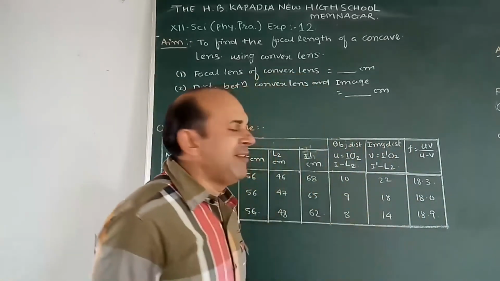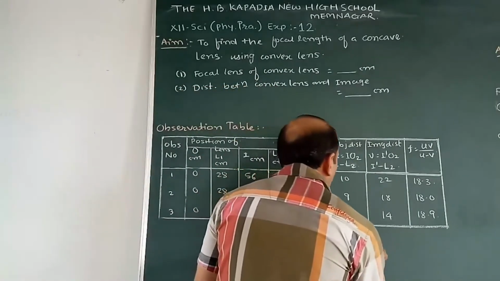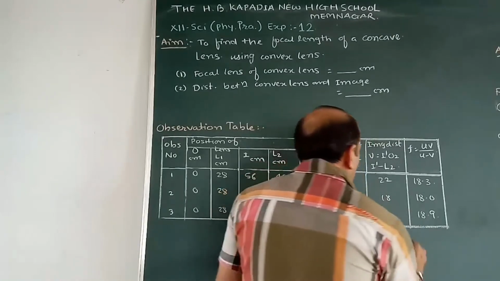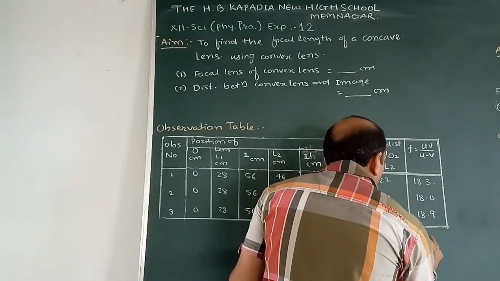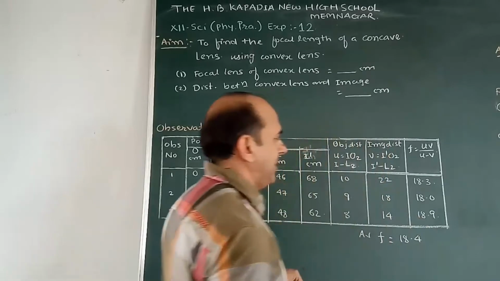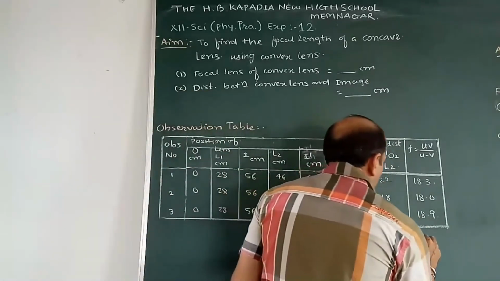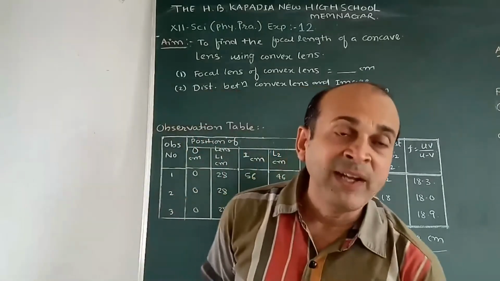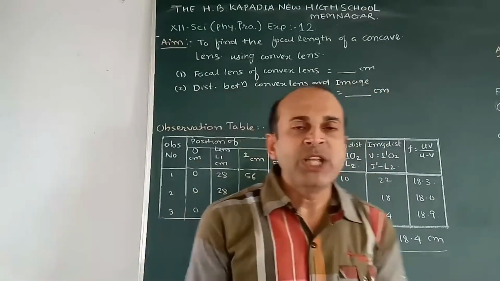So let me find the average. The average value of F is equal to 18.4 centimeter. So the focal length of this concave lens is 18.4 centimeter.